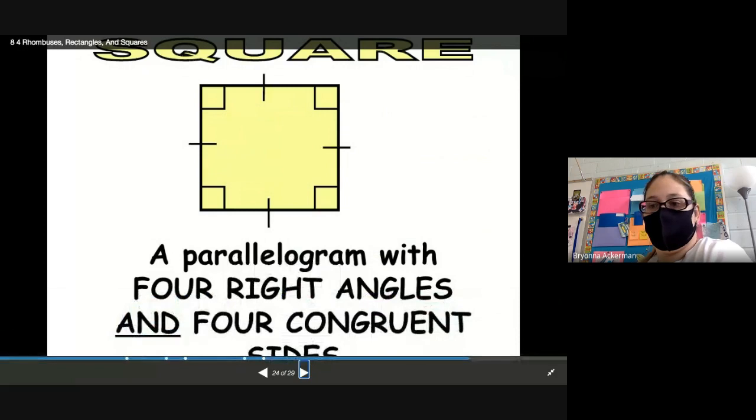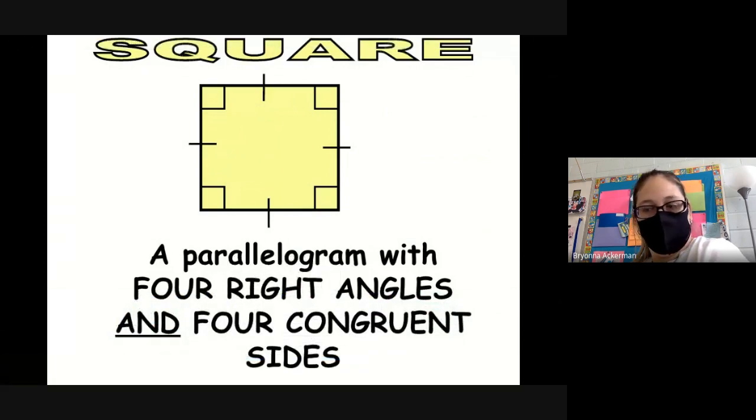All right, the last one we're doing today is a square. So a square is a parallelogram. It's got 4 right angles, so it's also a rectangle. It also has 4 congruent sides, so it's also a rhombus. Okay?